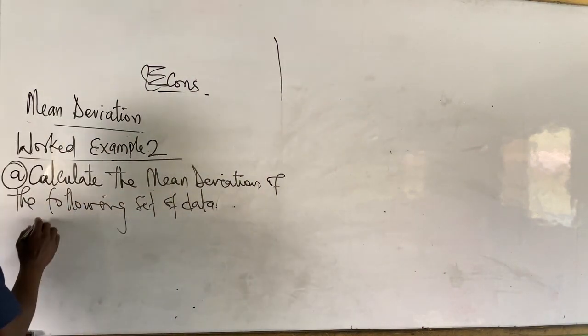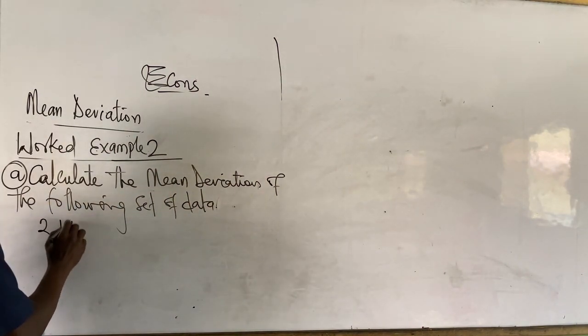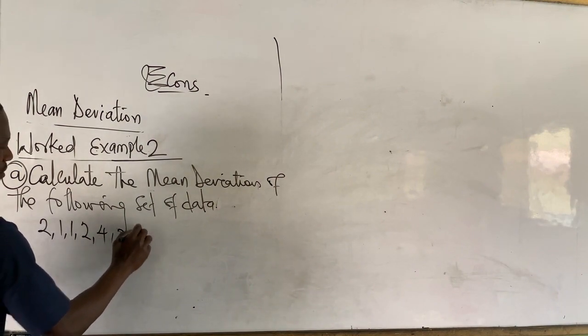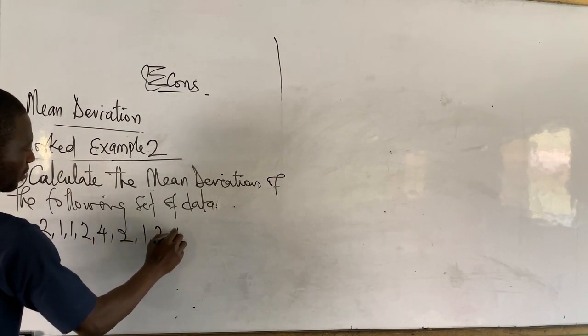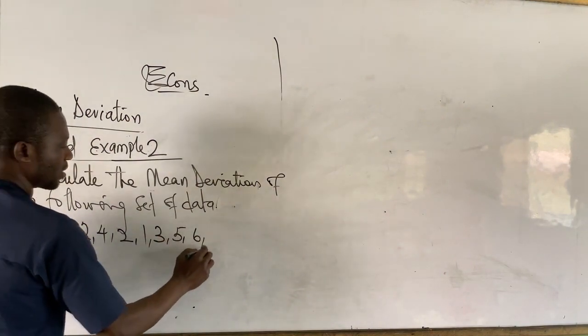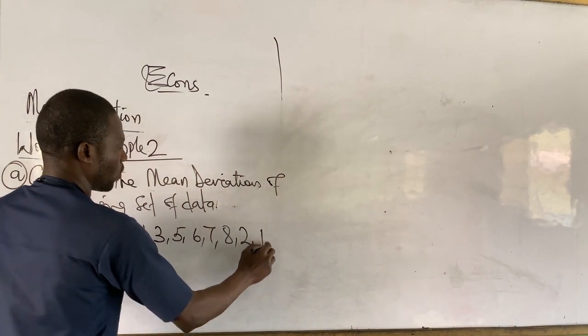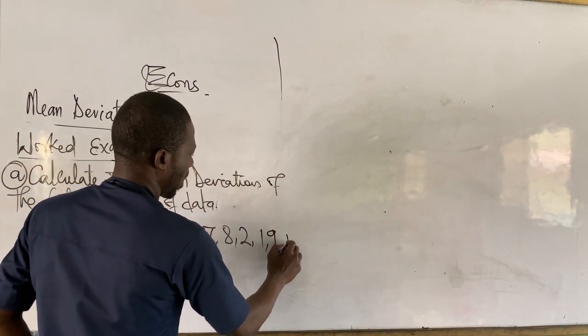We have 2, 1, 1, 2, 4, 2, 1, 3, 5, we have 6, we have 7, we have 8, we have 2, we have 1, we have 9, and we have 10.